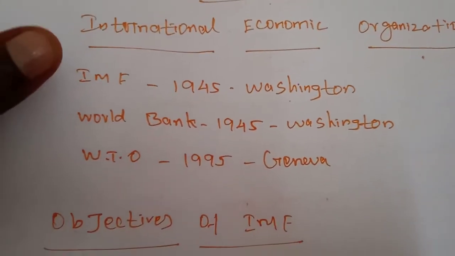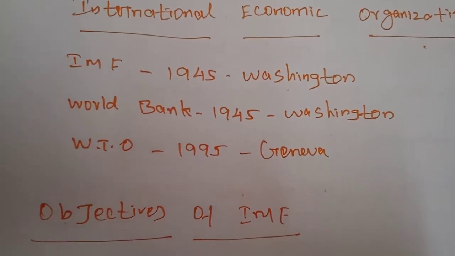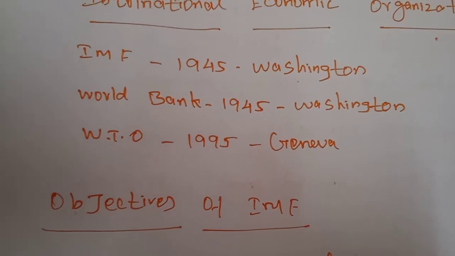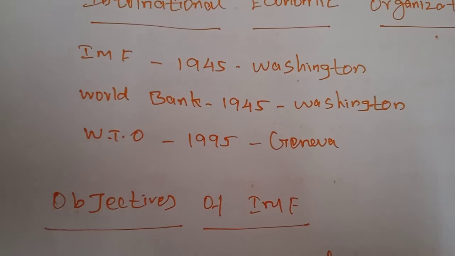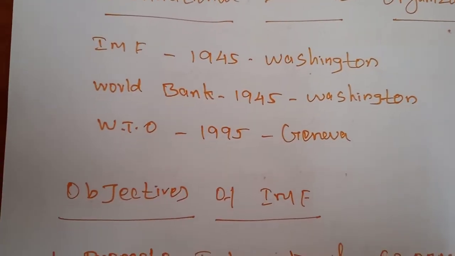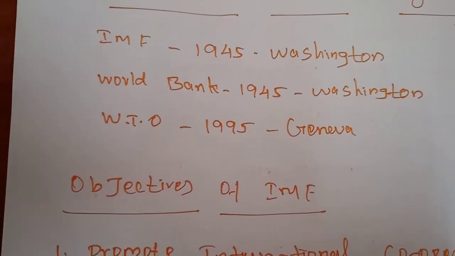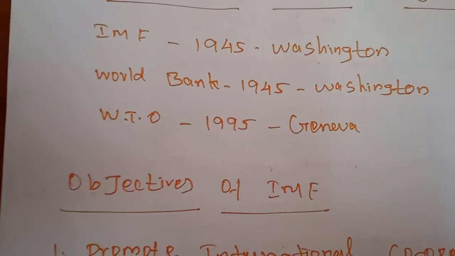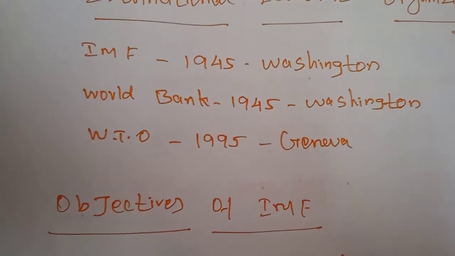In the previous chapter, we studied the basis of trade, gains from trade, terms of trade, the balance of payment and the foreign exchange. But one thing we have to know: when trade takes place among countries, the developed countries stand to gain, while the lower-income countries suffer from adverse terms of trade as well as an adverse balance of payment, and this affects their exchange rate.